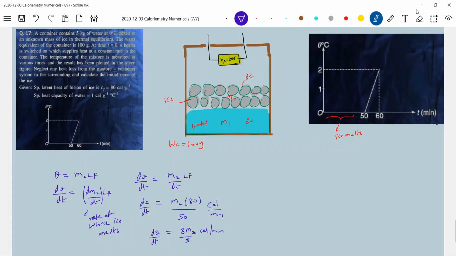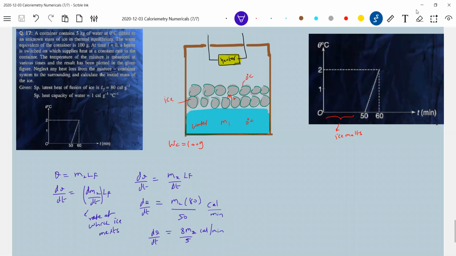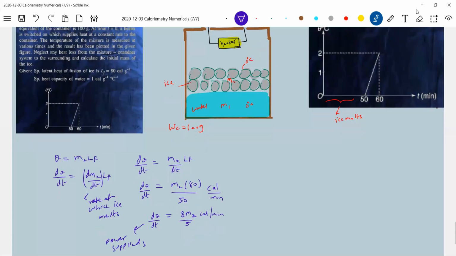What is dQ by dt? The rate at which heat is supplied by the heater, or the power supplied by the heater.